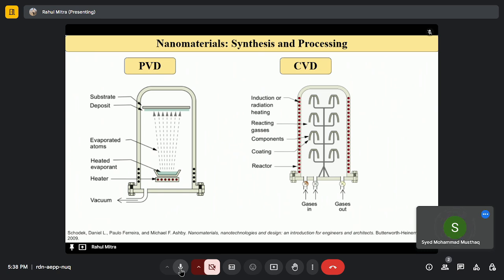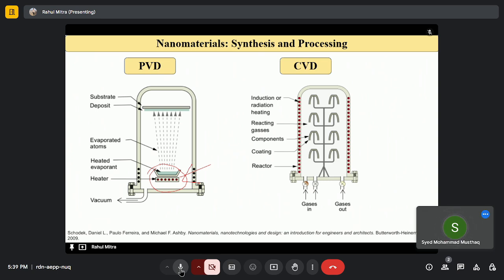What do these processes mean? In physical vapor deposition, a thin layer of material is deposited from vapor onto an object. This is our heating segment. We have a heater which heats. Let's say this is a boat which contains our material, and it gets heated. Once it gets heated, it tries to evaporate, and a vapor pressure is created.